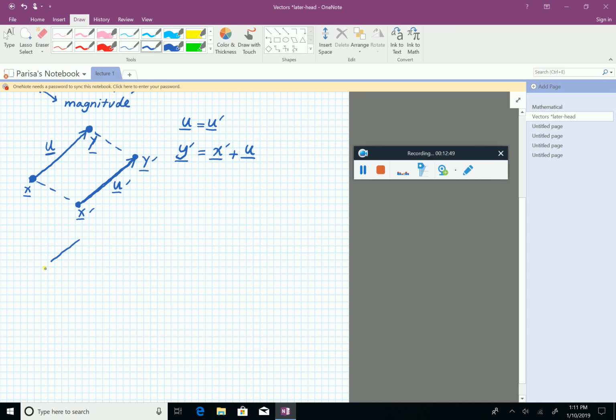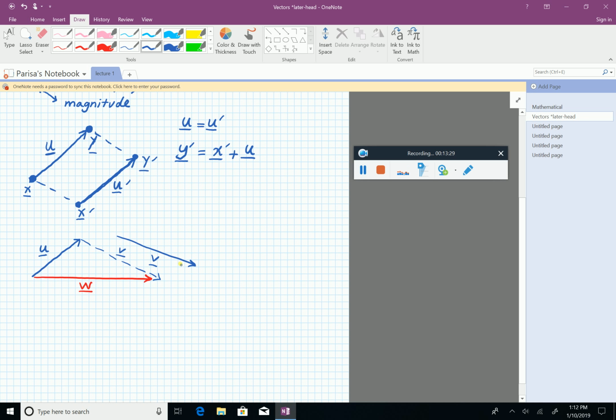So if we have vector u and vector v is somewhere else, we can move it parallel to itself and we can bring it such that its tail is at the head of the other vector, and this is the same vector, we are confident about that.